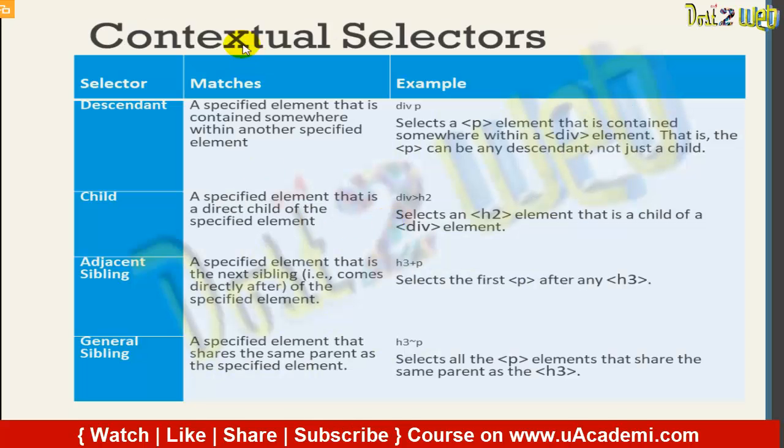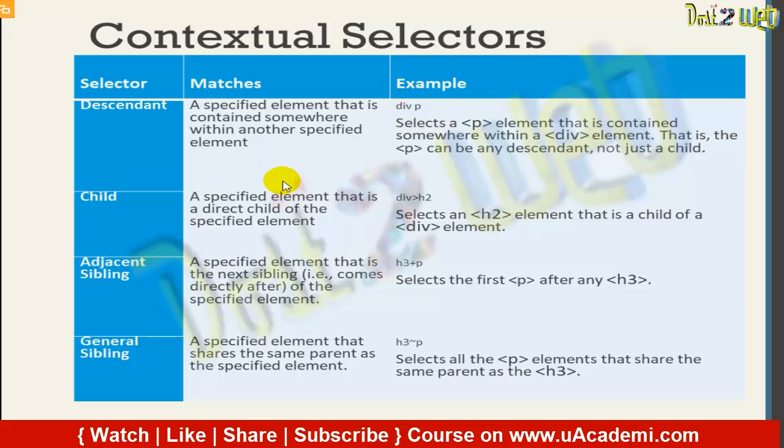Example: we are using the descendant. You can see here div p, I am using a division and a paragraph. So inside the division, whatever paragraph is there, on that particular element that CSS will apply.